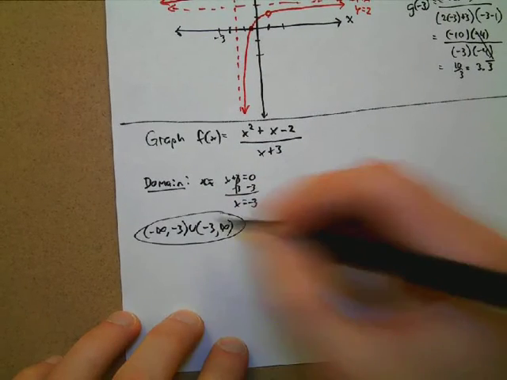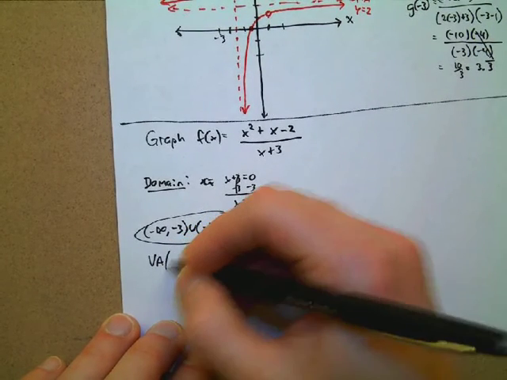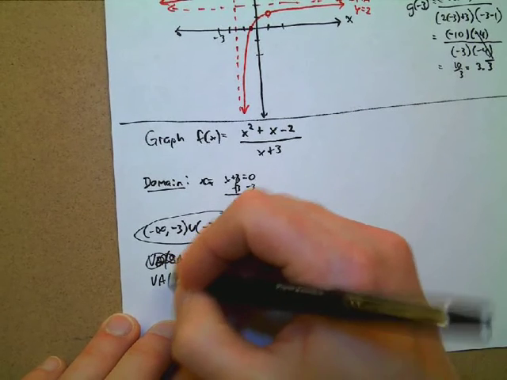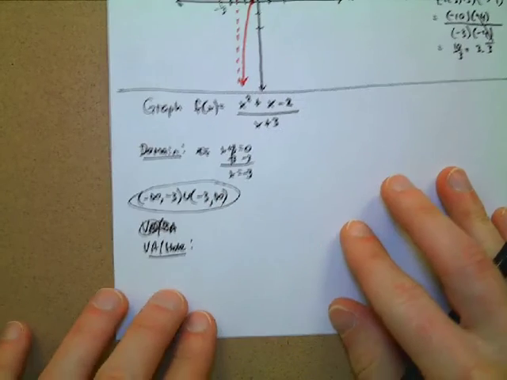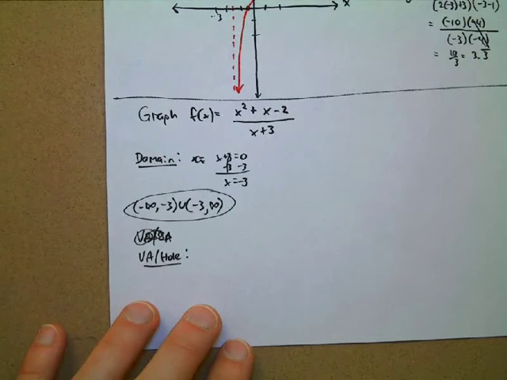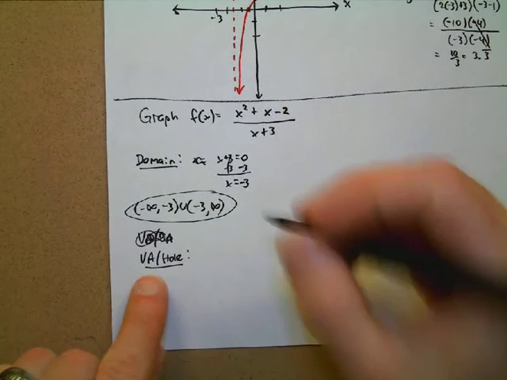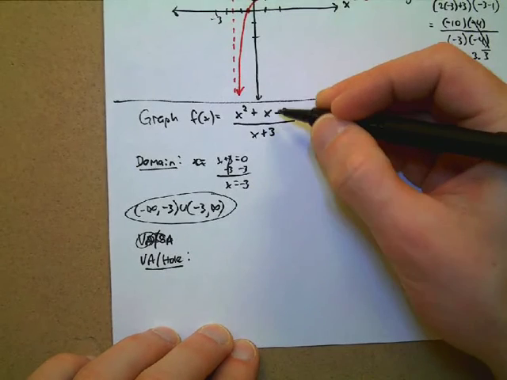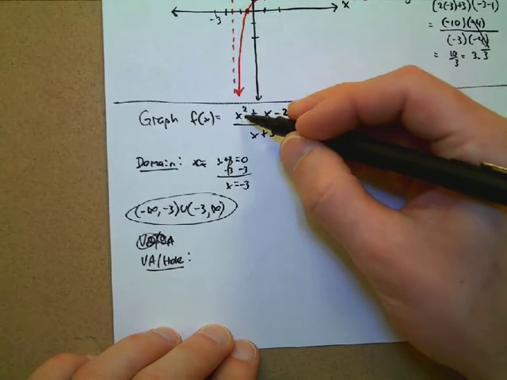And then I'll go ahead this way. How about then vertical asymptote or hole here? One or the other. It's kind of hard to tell here, but we can check. The question is, does this -3 give us 0 over 0, or does it give us some other number divided by 0? So plug -3 in. -3 squared, 9.